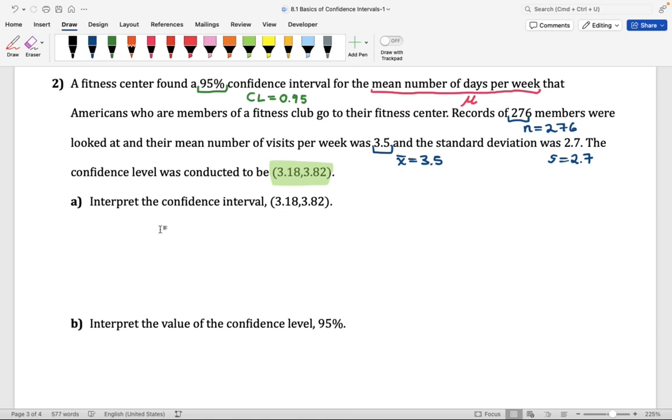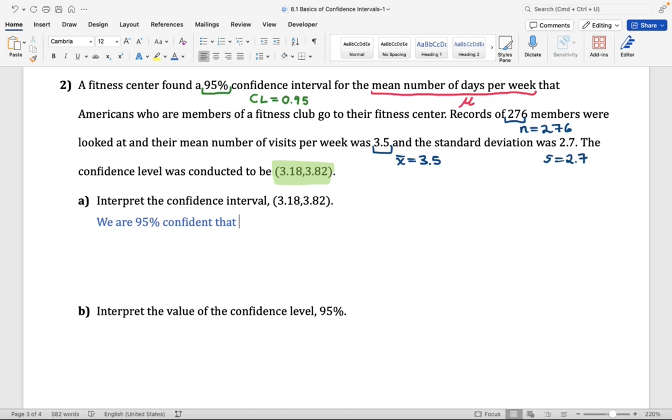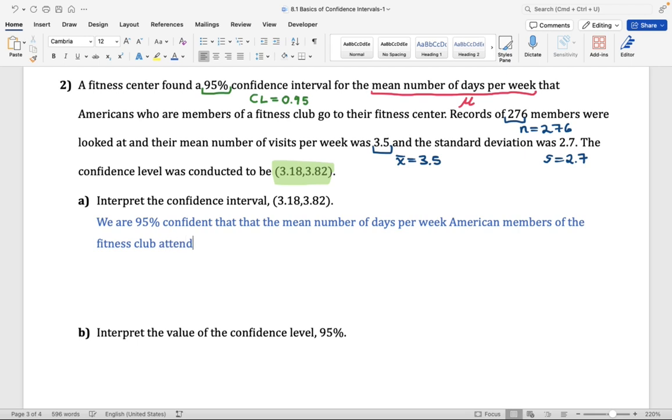Now, whenever you're asked to interpret the confidence interval, you need to use the context of the situation. The first thing you want to include is the confidence level. We're going to write, we are 95% confident. We are starting by stating our confidence. We are 95% confident that the mean number of days per week American members of the fitness club attend their fitness center is between, and this is where we say the confidence interval, 3.18 and 3.82 days per week.